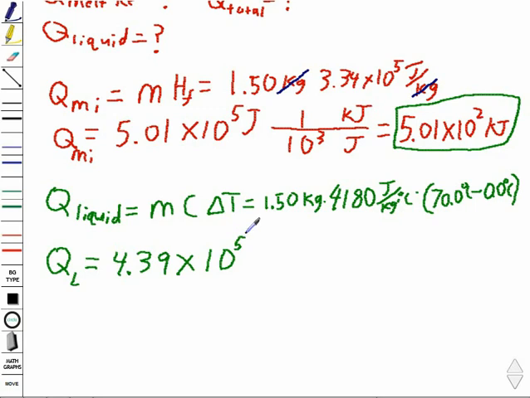Heat is a unit of energy. And if we look, we've got kilograms divided by kilograms. When we do the subtraction here, 70 minus 0, we'll get 70 degrees Celsius. So my Celsius on the bottom of the fraction will cancel out the Celsius that'd be on the top of the fraction. So the only thing I'd have left is joules. And again, that's a rather large number, so let's convert it. 10 to the third joules, 1 kilojoule.